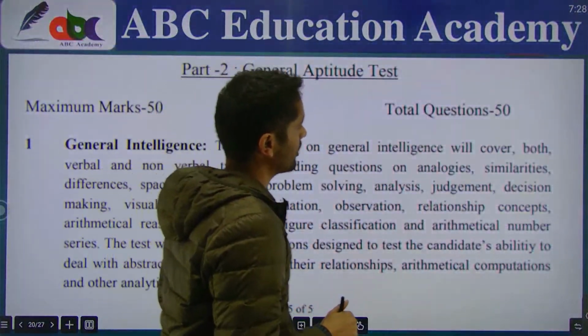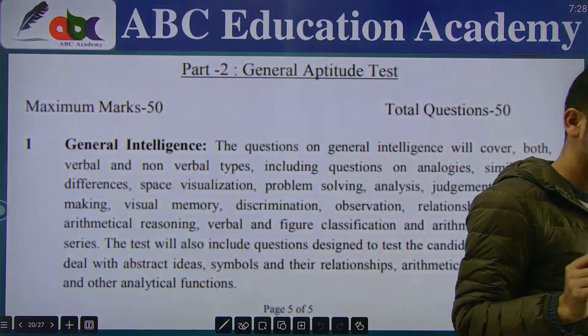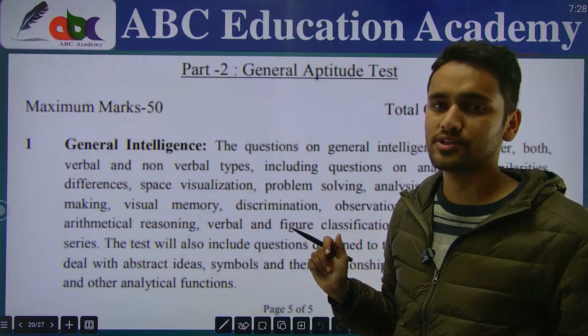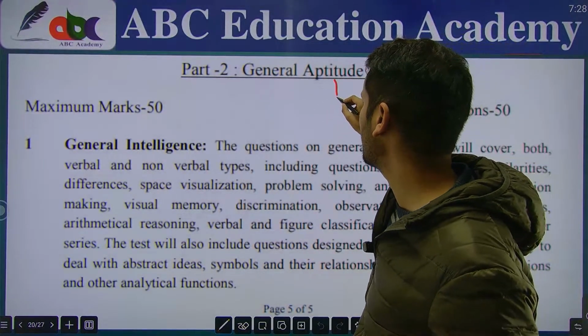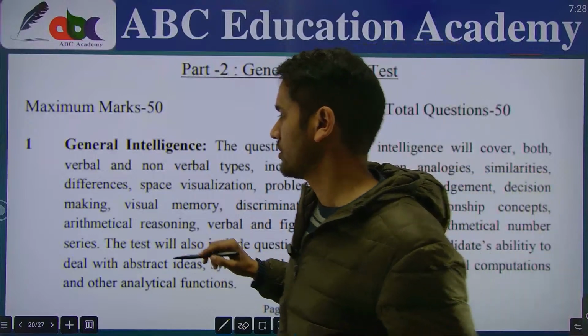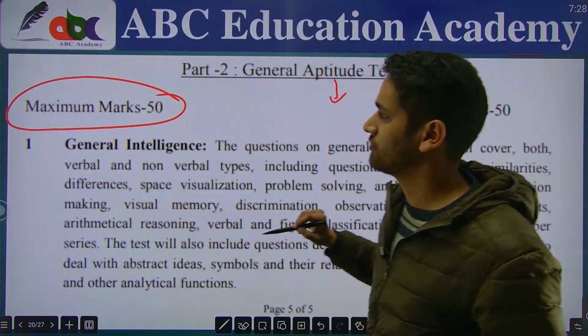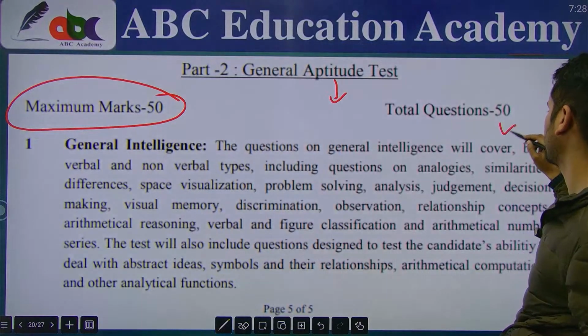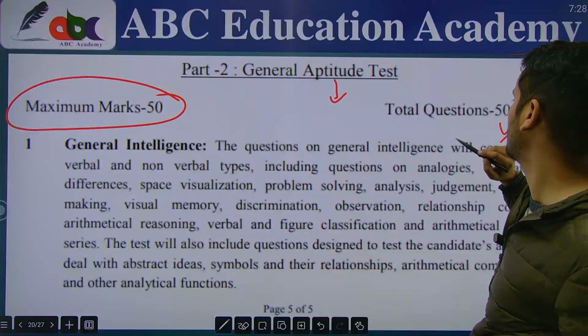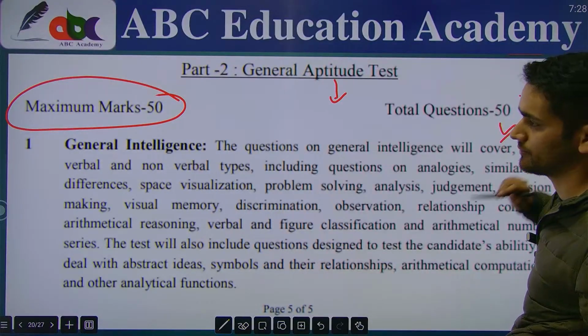Now we will talk about the second part of the prelims examination, the second topic, that is general aptitude test. This paper will carry 50 marks and the total number of questions will be 50.